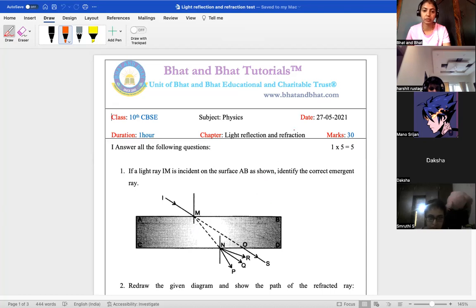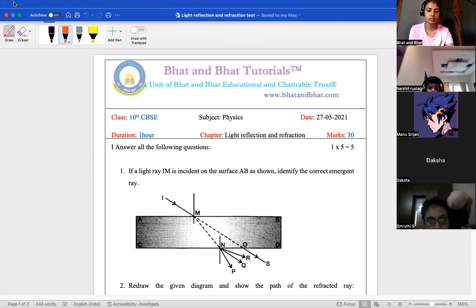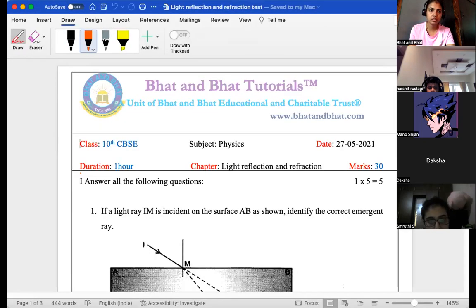Now, which is the correct emergent light here? I think NQ. Sorry? NQ.